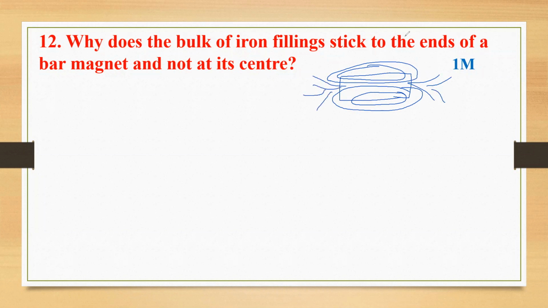One more thing they didn't ask here, but remember: you have to represent the North Pole and South Pole properly. The magnetic field lines come out from the North Pole and merge inside, and this is the direction of the field lines.